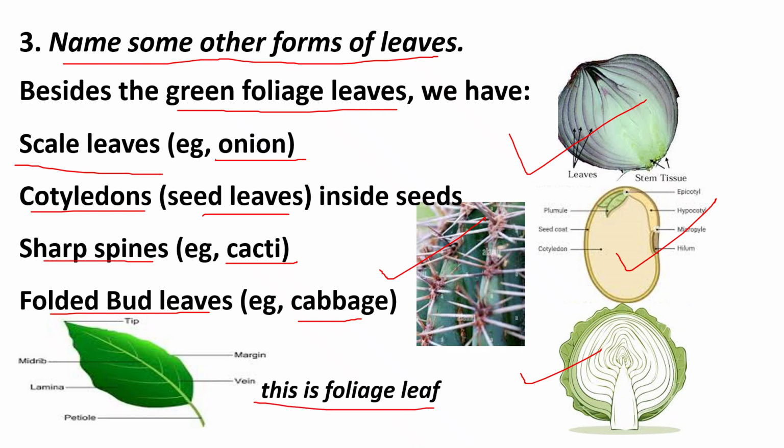So besides the foliage leaf, you can have folded bud leaves in cabbage, sharp spines in cacti, seed leaves inside seeds, or scale leaves in onions. But the green leaves with which we are familiar are called foliage leaves.